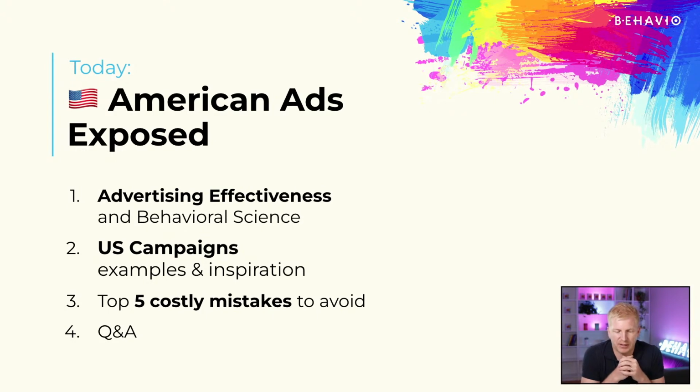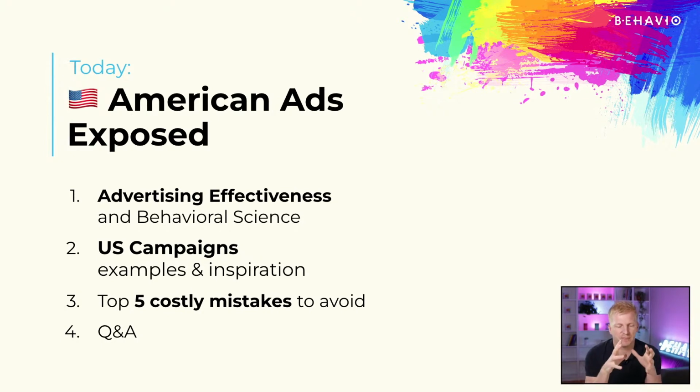But first, for a short, and I promise really short time, we're going to be talking a little bit about the theory, about advertising effectiveness and behavioral science, because there's been massive progress in the last 1 or 2 decades, and it's really important to know the key principles. Then we're going to have the US campaigns.